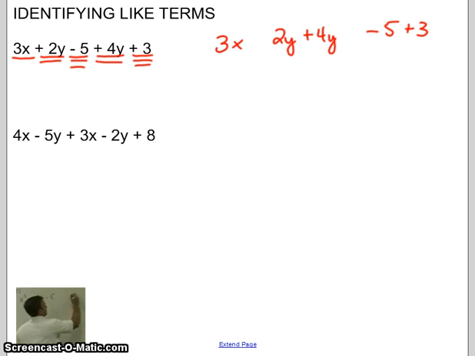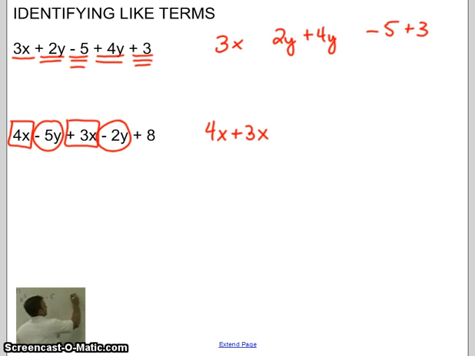For the second one, we have 4x, and I'm going to use shapes this time to identify my like terms. Do I have any other x's in my expression? Yeah, I do. I have 3x. So I have 4x and 3x. My next one is negative 5y, so do I have any other y's?